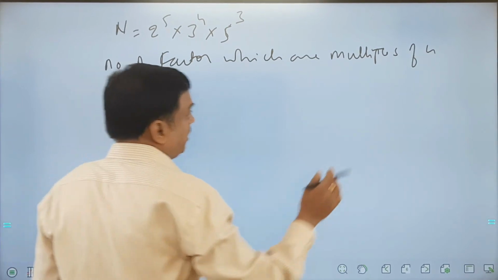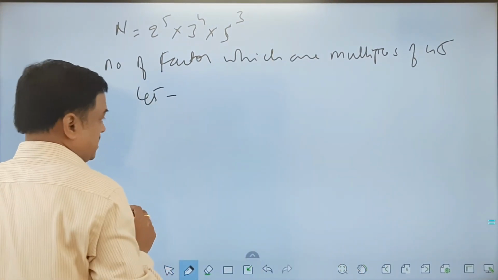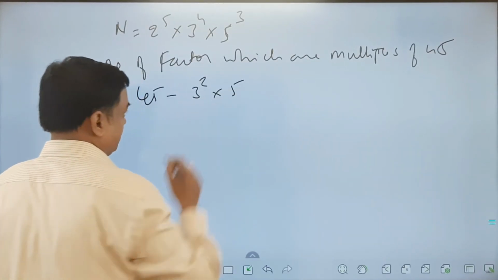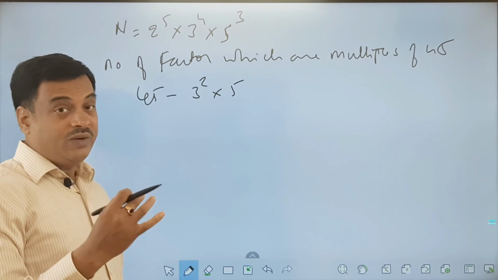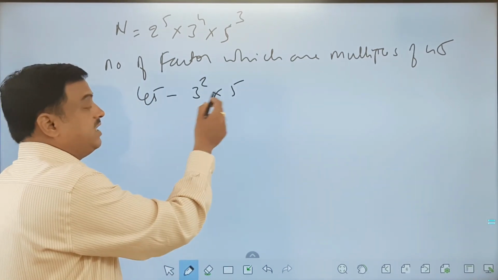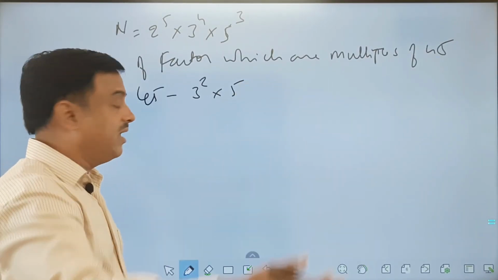So I know what 45 is. 45 is something like 9 into 5. So it is 3 square into 5. So any number which is a multiple of 45 has to be a minimum 3 square into 5 into something. Correct? It could be 1 or any other number.